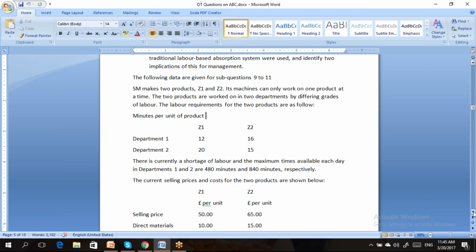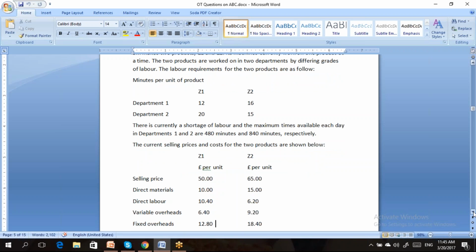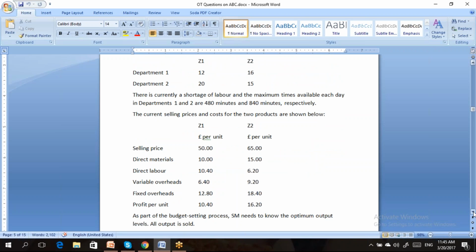There's currently a shortage of labor, and the maximum time available each day in departments 1 and 2 are 480 and 840. Current selling price and cost for the two products are shown below. Selling price is given, materials, direct labor, all that given. As part of the budget setting, SM needs to know the optimum output levels.